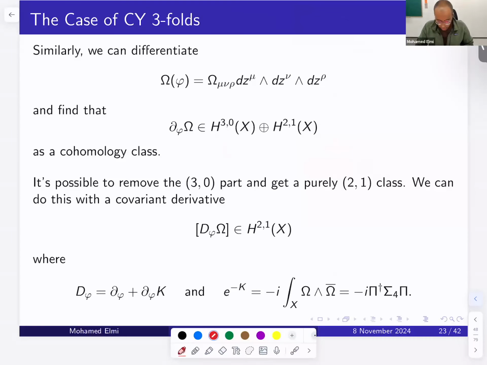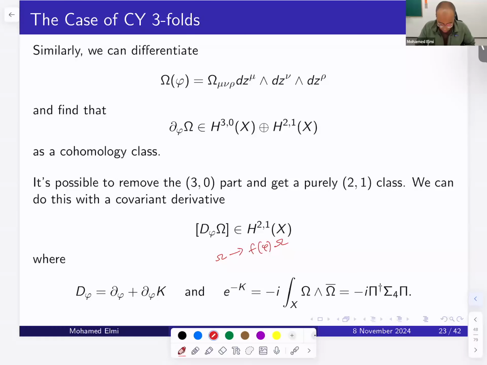in this case, I think the best way to think about it is this omega is really some section of some line bundle. You can rescale omega by some holomorphic function, at least in some local patch.